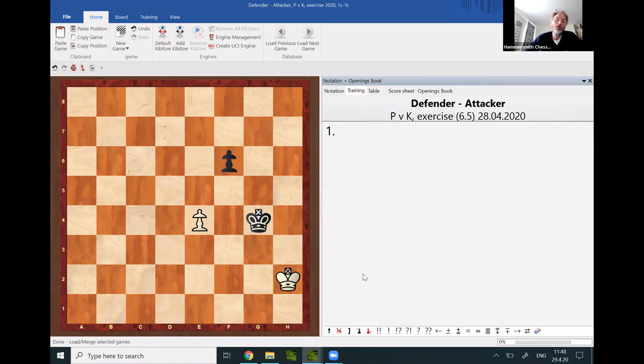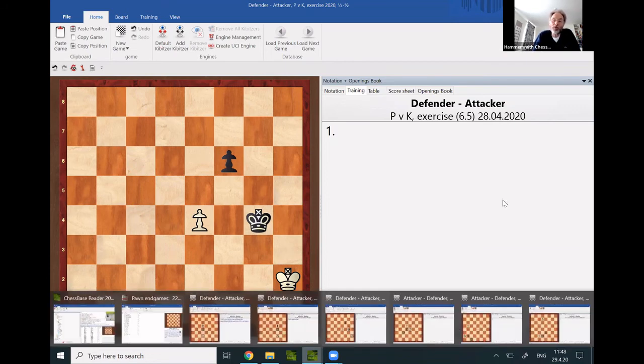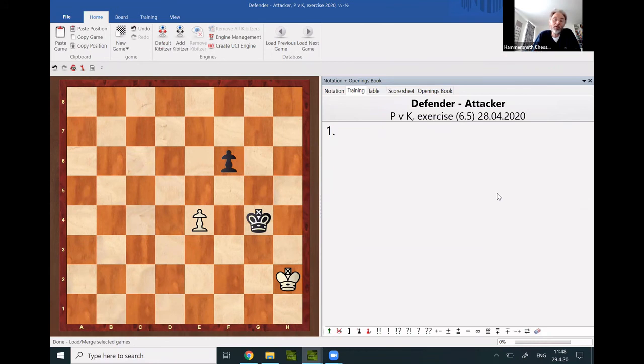You can go into direct opposition with king e2, but black has a spare move with his pawn to f5, and thus will be able to then enter direct opposition for himself. So always be aware of spare moves of your opponent. It's not always opposition. Opposition is when there is no other move possible.